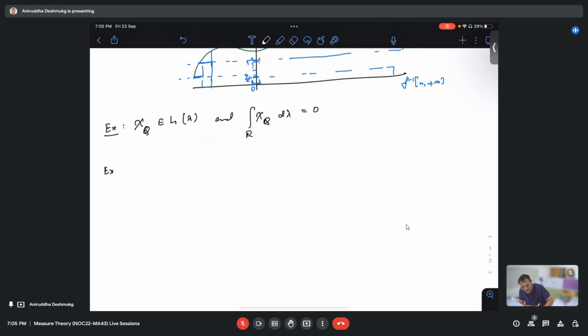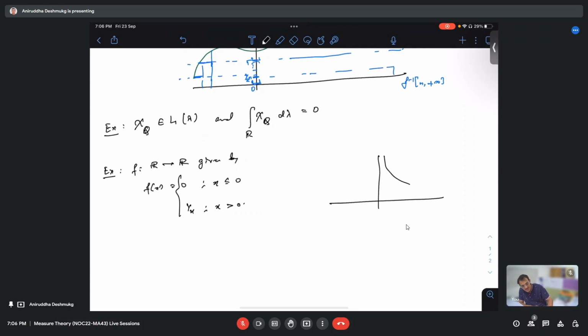Another example which we saw last time was this function from R to R, given by f(x) is 0 when x is less than or equal to 0, and 1 over x when x is bigger than 0. So it looked like this. In the positive quadrant, it is 1 over x, while on the negative x-axis, it is 0.